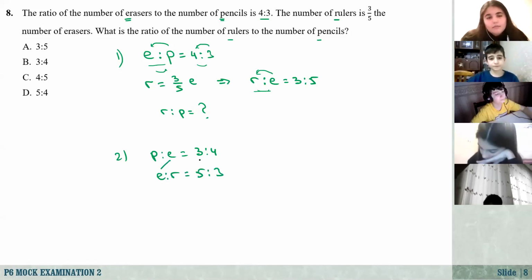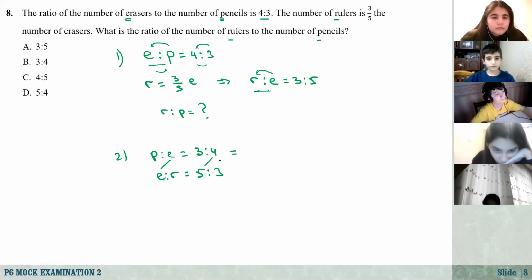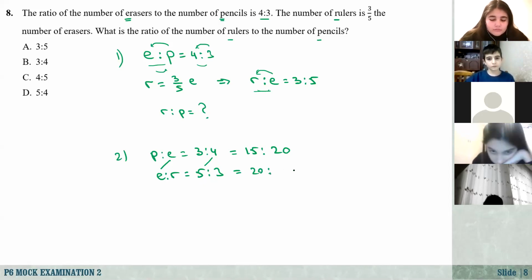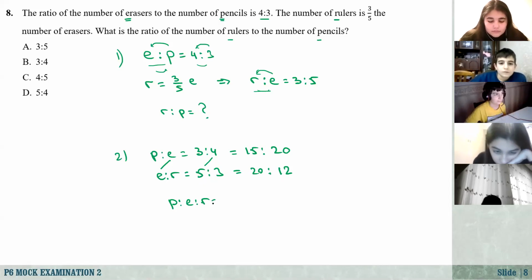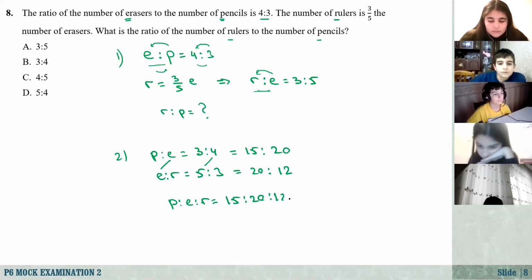Look at this E, it is 4, 5, right? So the first one, multiply by 5: 5 times 3 is 15, 5 times 4 is 20. The second one, multiply by 4: 4 times 5 is 20, 4 times 3 is 12. So the E values are the same. Now I can write a single ratio. P to E to R is equal to 15 to 20 to 12.